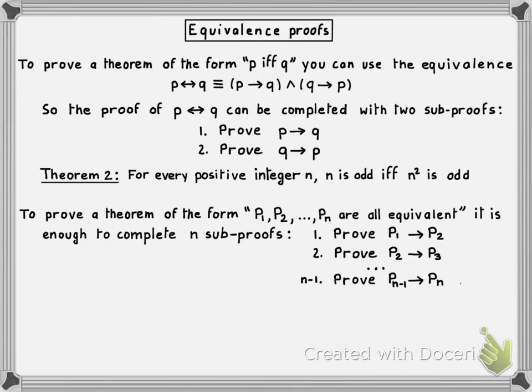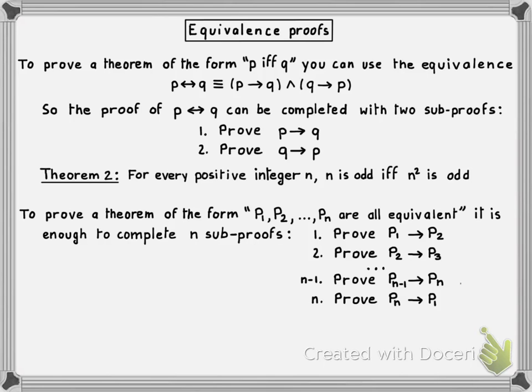But the beautiful thing here is that we can complete this proof by adding a single conditional proof, namely that Pn implies P1. And I claim that this will automatically prove the other half of the set of conditionals we needed. And here's why. By proving that Pn implies P1, you're closing the circle to where you started from. And therefore, by transitivity of the conditional, if Pn implies P1, and we already proved that P1 implies P2, then we can infer automatically without doing anything that Pn implies P2.